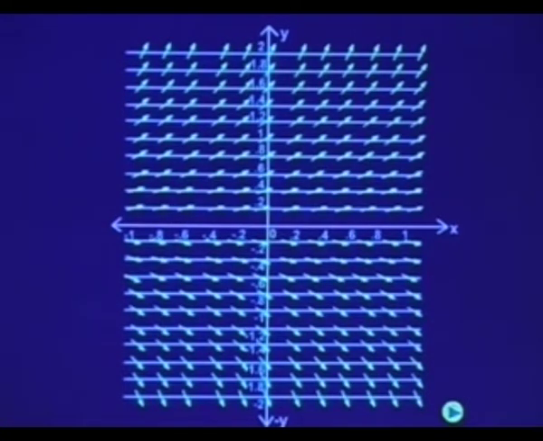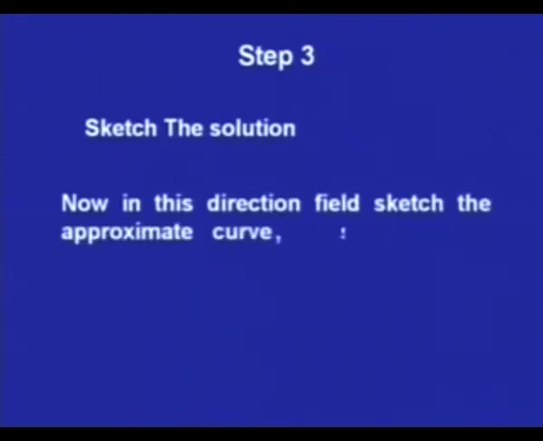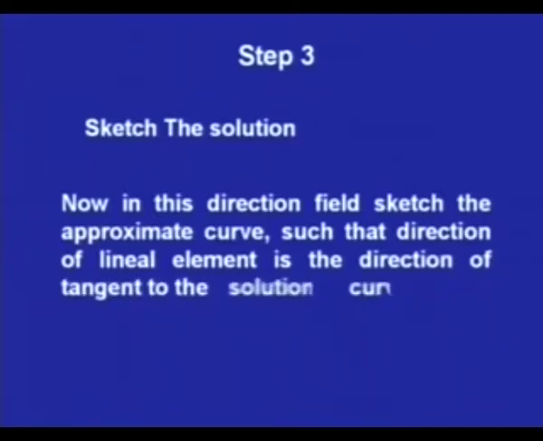For sketching the solution, we see that first thing we have to see the direction of the linear elements, and we have to find out approximate curves such that the direction of the linear element is the direction of the tangent to the solution curves. So, let us see how we are going to do it over here.